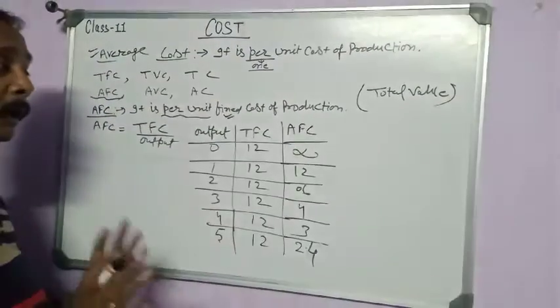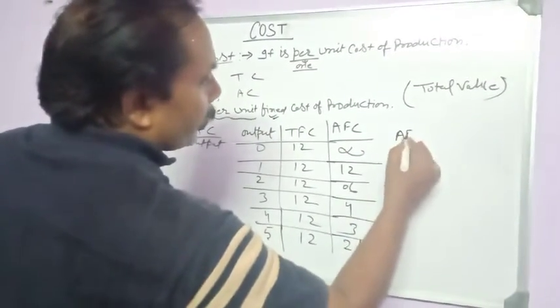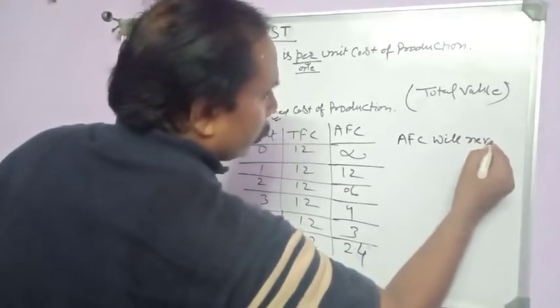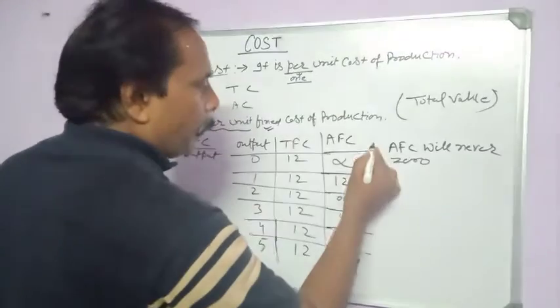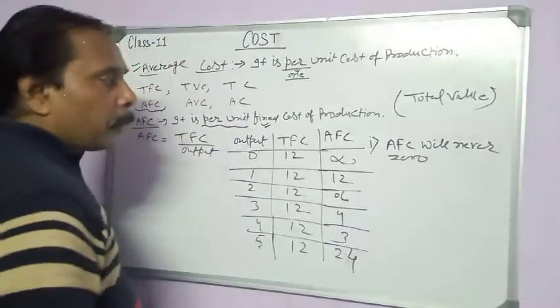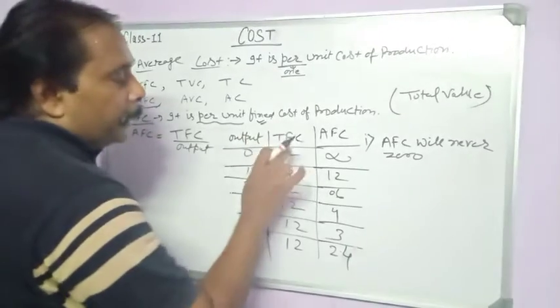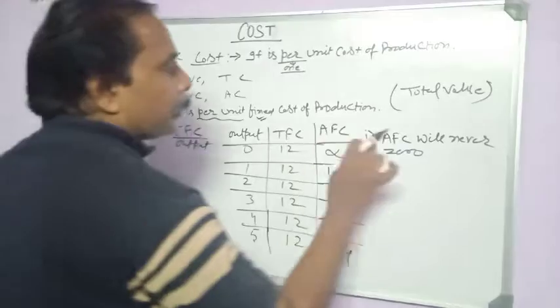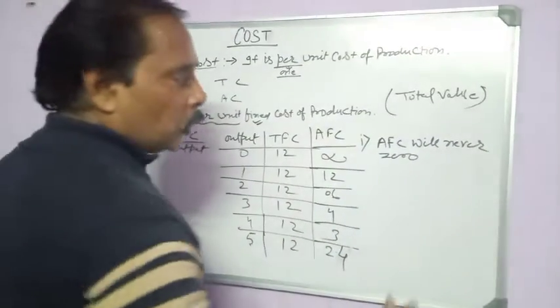But one thing always remember in your mind, AFC will never be 0. Point number 1. Clear? Because even at 0 level of output, TFC is something. So if the TFC is something, that's why AFC will never be 0.